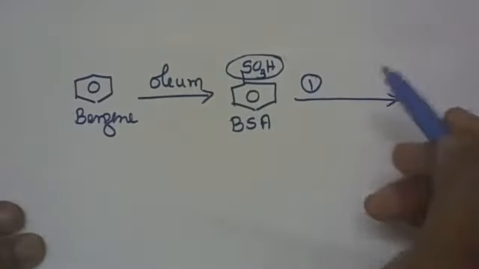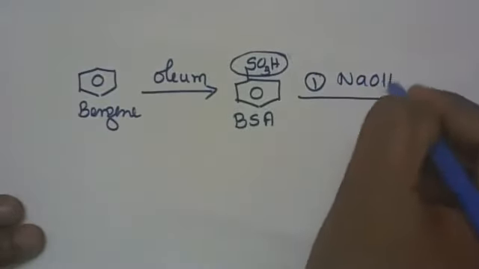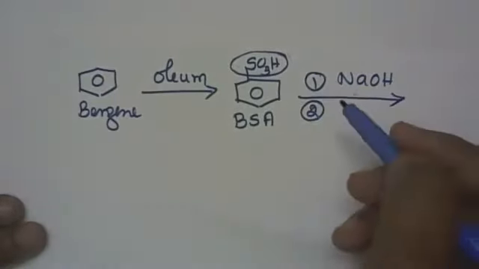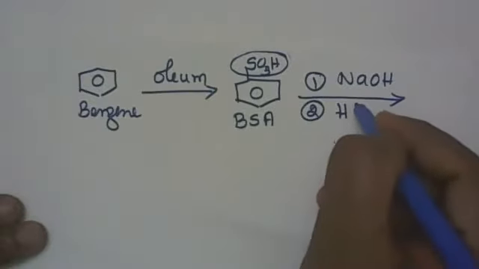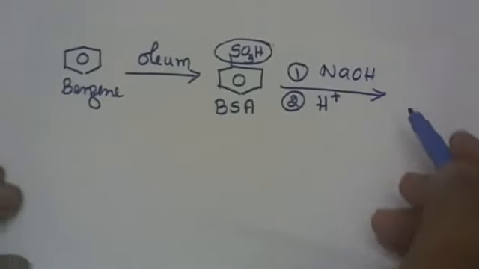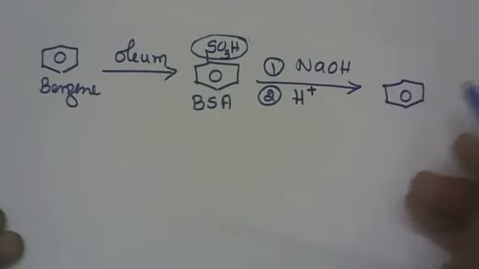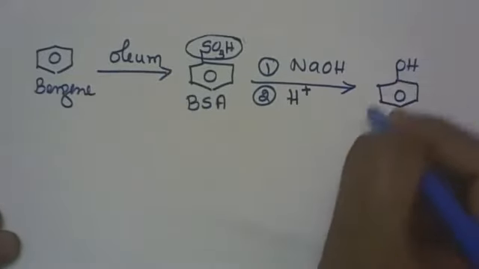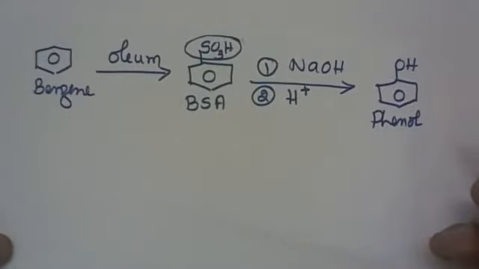First step is treated with sodium hydroxide, followed by acidification. I can write HCl, I can write sulfuric acid. In general, I can write acid H plus, dilute acid. So give final product, benzene ring attached to the OH, which is a phenol, right?